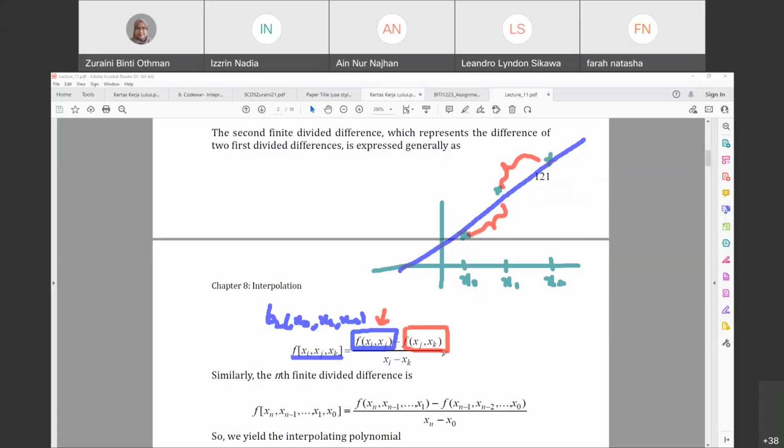Okay, then tolak dengan kecerunan yang bawah ni. Then bahagi dengan yang paling kecil tolak yang paling besar. Maksudnya, dan saya ni terbalik ni. Maksudnya X2 kat depan, maksudnya X2 tolak X0. Maksudnya just now kalau dia 2 titik saja kita bahagi dengan X1 tolak X0 kan nak cari dia punya kecerunan.